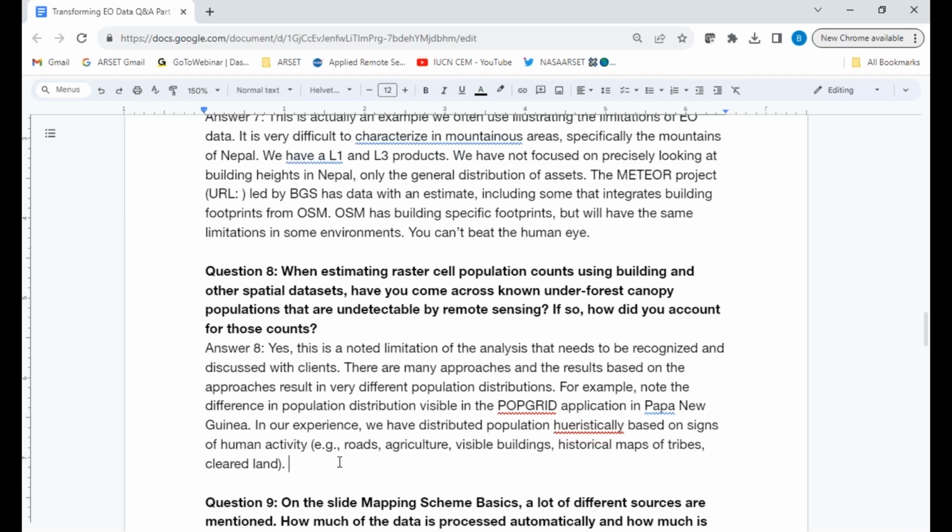Yeah, so I mean, this is another limitation that we really want to be upfront with, and everybody on the call needs to be upfront with if you go down the road of developing these exposure data sets, and that is, you can't characterize what you can't see. If you do characterize it, you have to be very transparent in how you go about that process, and that needs to be a limitation.